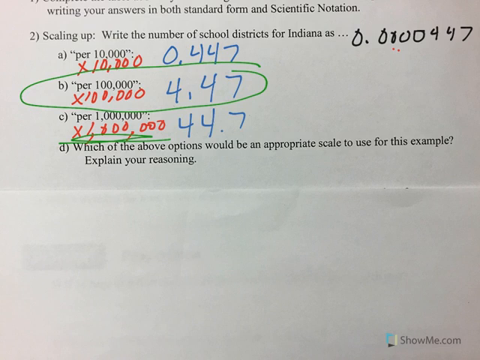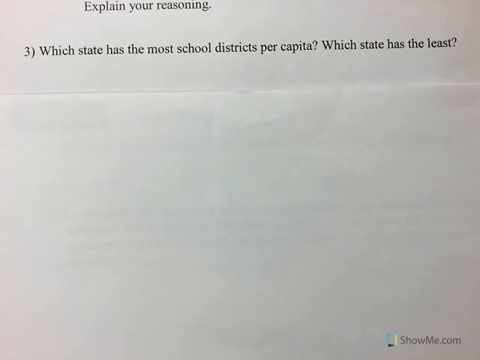Those football stadiums hold about 100,000 people. So for 100,000 people, there are 4.47 school districts. So you always want to keep it the smallest per that you can while still having a non-zero number in the front. That's your goal when you're thinking about scaling up.